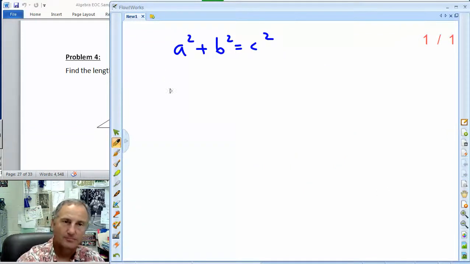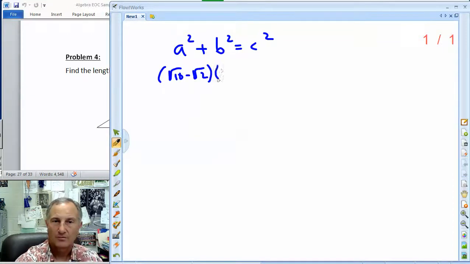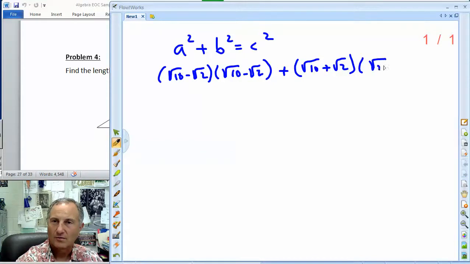So we're going to get the square root of 10 minus the square root of 2, squared. So that's going to look like this. Plus the square root of 10 plus the square root of 2, squared. That's going to look like this. Equals c squared.